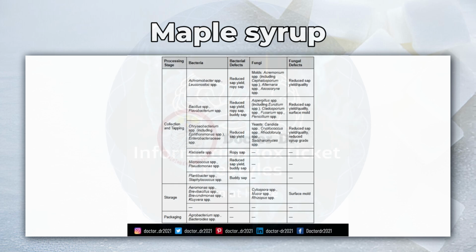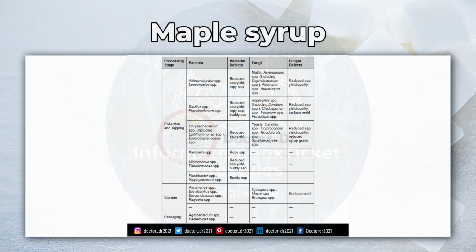During the collection and tapping stage of maple sap, bacteria such as Achromobacter species and Leuconostoc species can cause reduced sap yield and ropey sap. Bacillus species and Flavobacterium species may lead to reduced sap yield, ropey sap, and buddy sap.